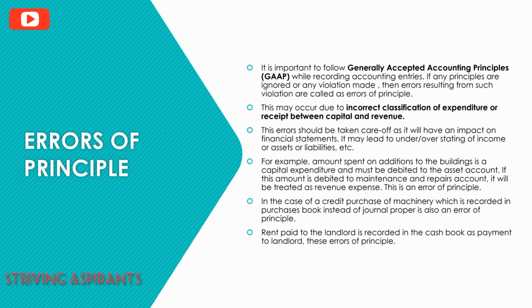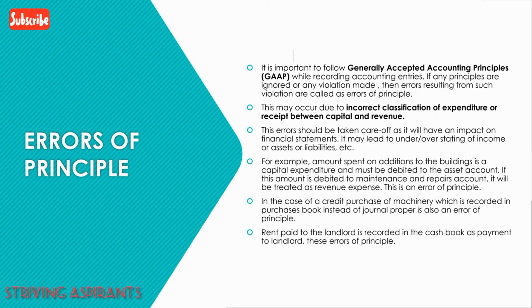Similarly, if a credit purchase of machinery is recorded in the purchase book instead of the journal proper, or rent paid to the landlord is recorded in the cash book as payment to the landlord, these are all errors of principle. Next one is compensating errors.